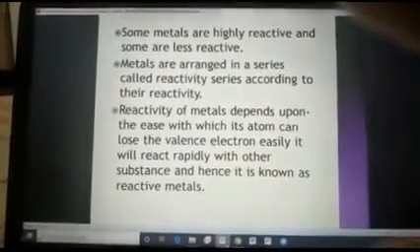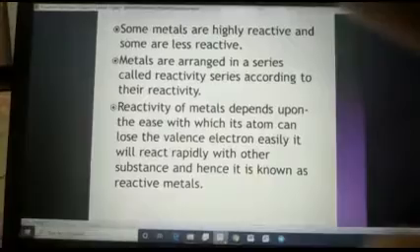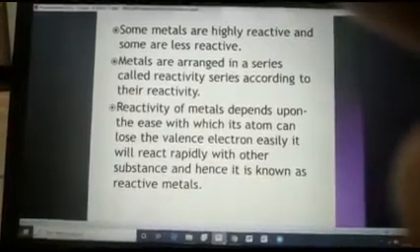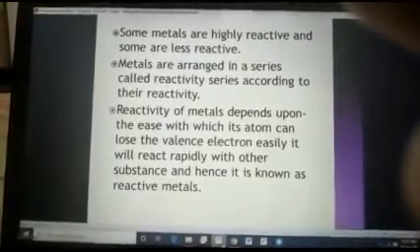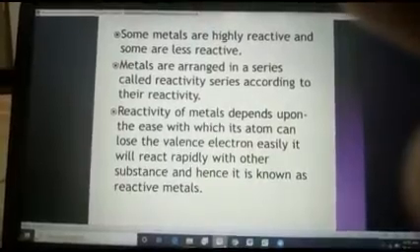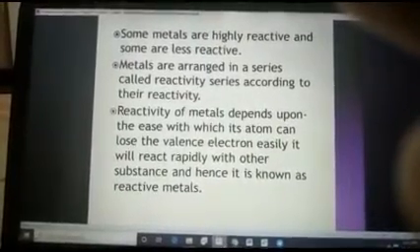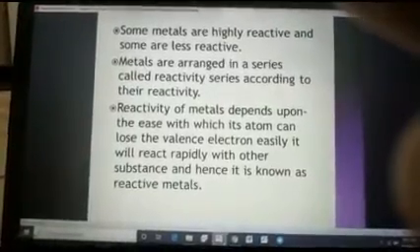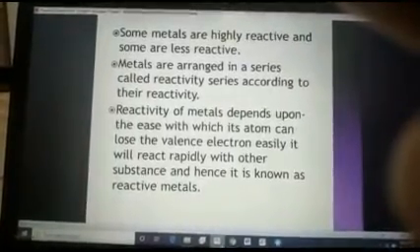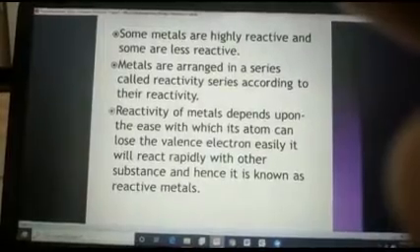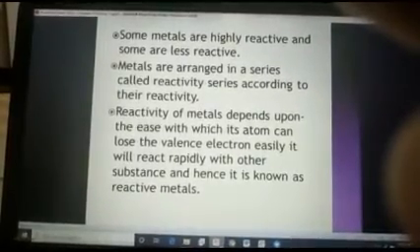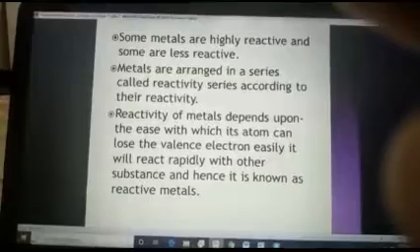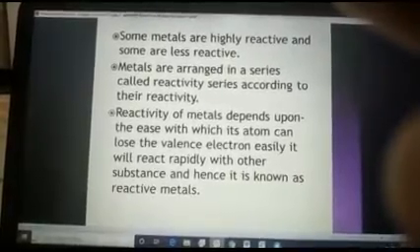The next most reactive, lesser than sodium and potassium, but in itself highly reactive, are calcium and magnesium. These have to lose 2 electrons from their outermost shell. The atomic number of magnesium is 12: first orbit 2 electrons, second 8 and the last orbit 2 electrons.